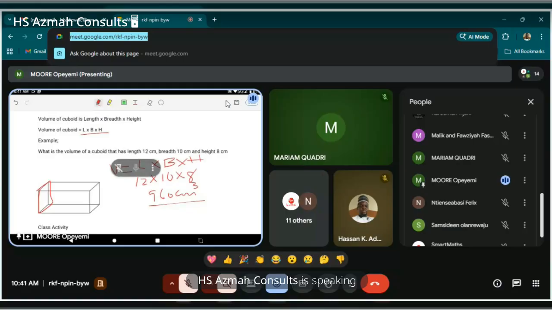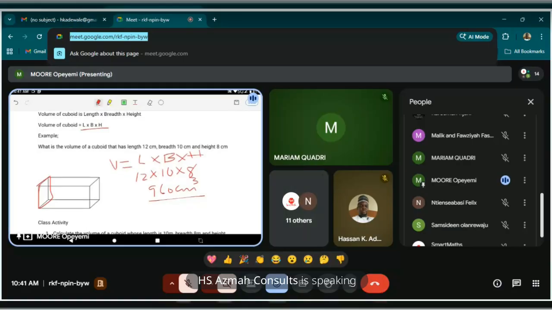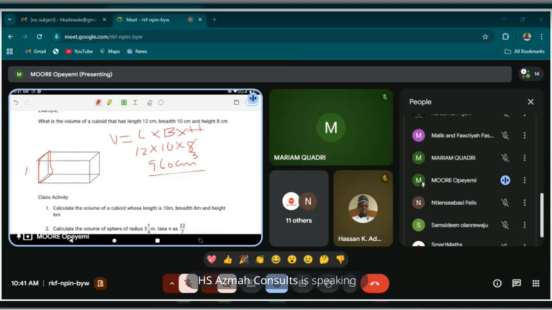This is a rectangle. So to find the area of this, I will say height times the breadth. Now, if I look at this one again, this another one is length and breadth.